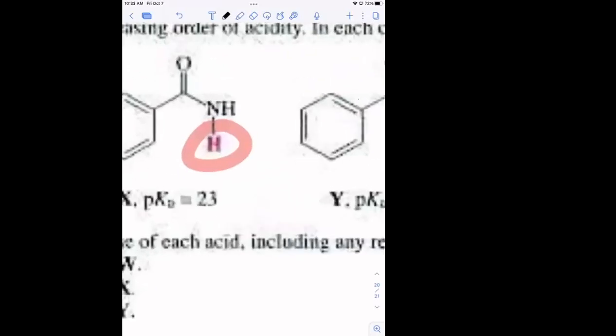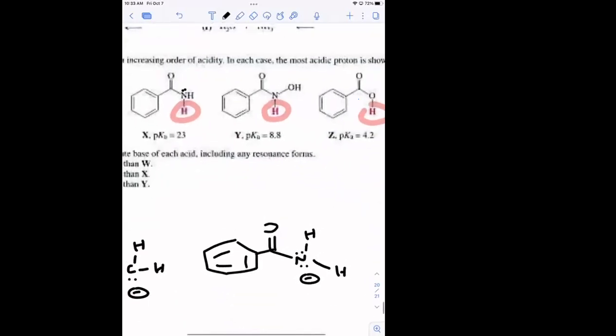Right up here, nitrogen already has one lone pair, so the conjugate base is going to have two.